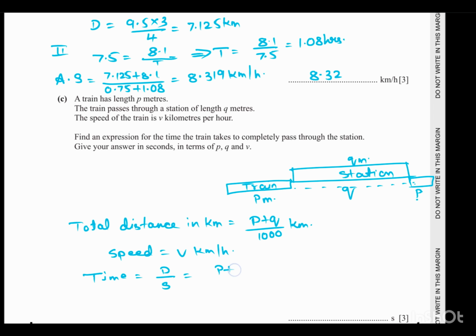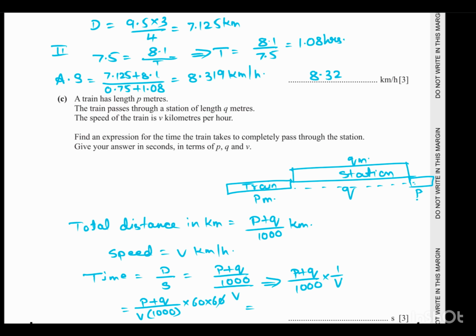So p plus q by 1000 by v. This gives you p plus q by 1000 into 1 by v. Now this is in hours. To convert this into seconds, we have to write p plus q by v into 1000 into 60 into 60.